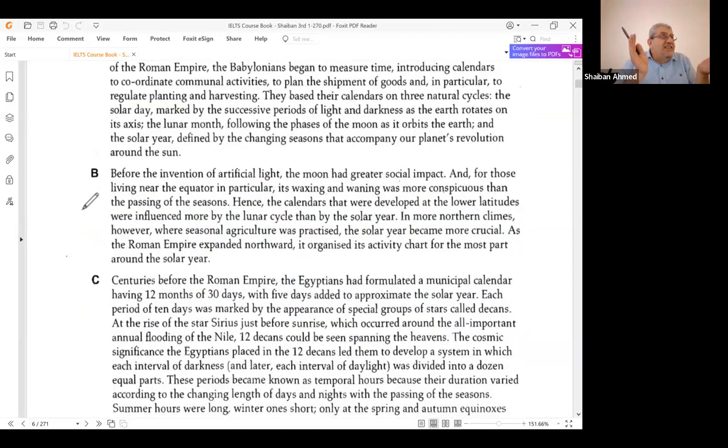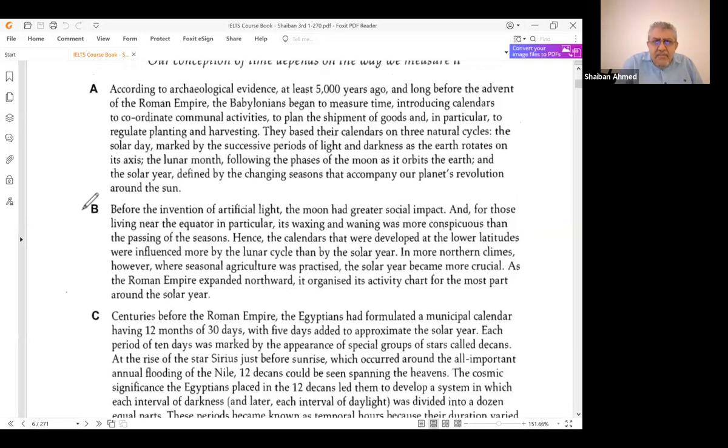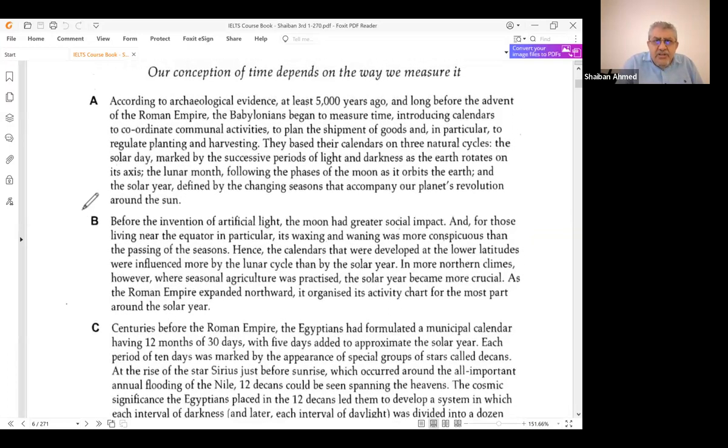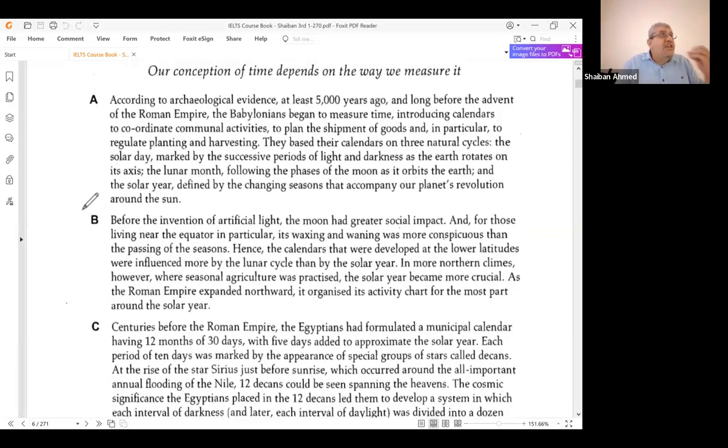No. A calendar to calculate events, harvesting, for communal activities. So nothing is about what kind of a clock.